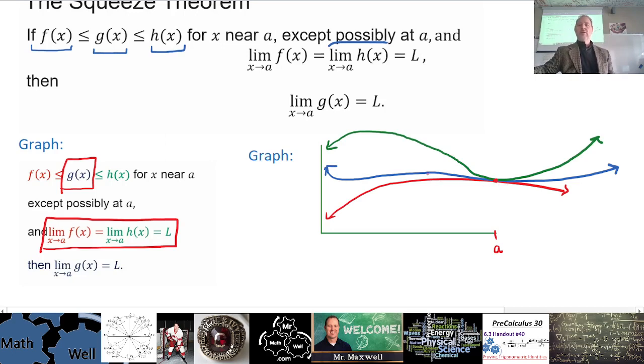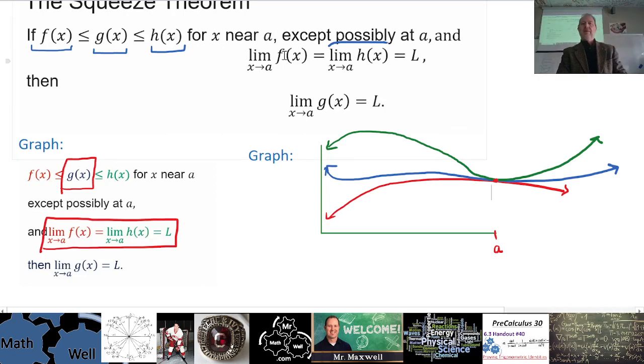And if the blue graph is known to be between those two all the time, you don't have to directly find the limit of the blue function. You can say, okay, as the two functions come along here, at some point they have the same limit. They touch each other and then diverge again. At that point where they touch, if you know there must be a third function in between, it must have the identical limit.